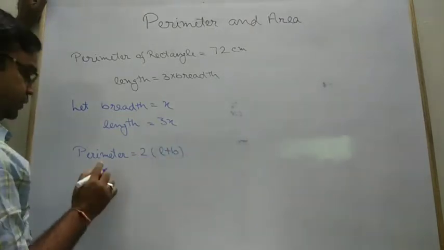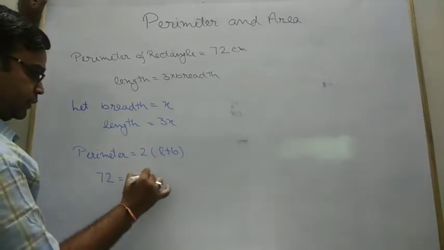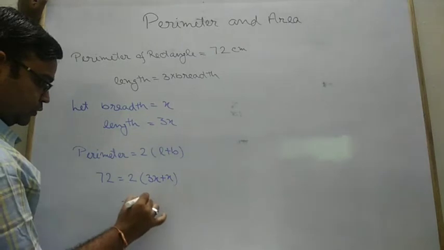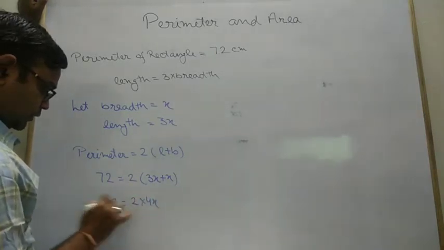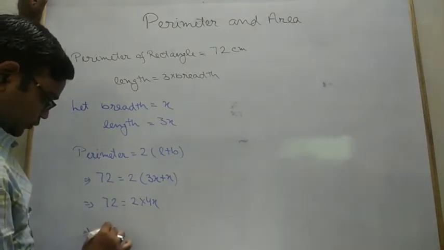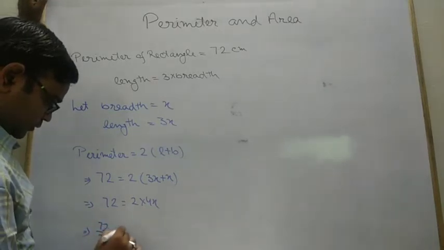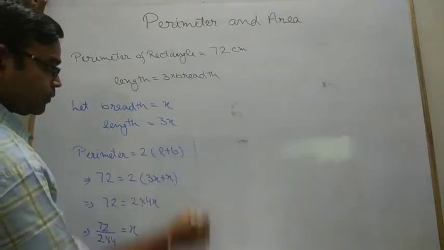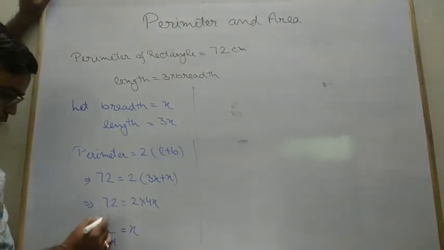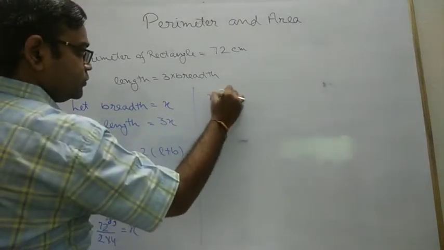Here perimeter is 72 centimeter equals 2 into (3x plus x), so 2 into 4x equals 72. The implies sign need not be forgotten. So 72 upon 2, and this 4 comes to this side, this is your x. When we try to divide, 4 nines are 36, 4 eights are 32, so x equals 9.